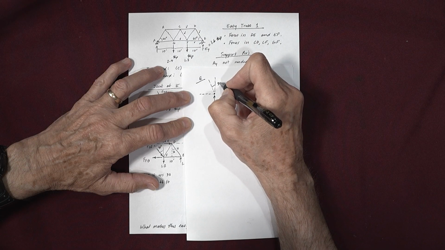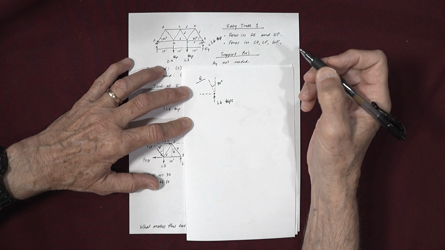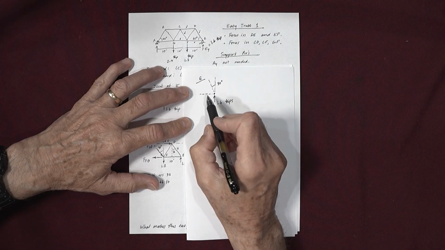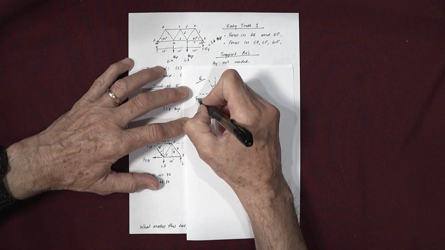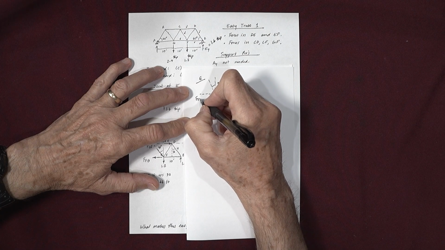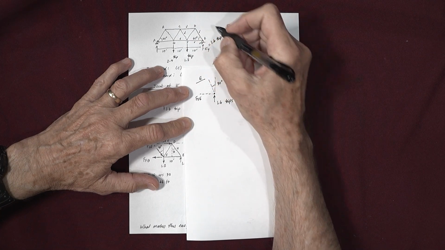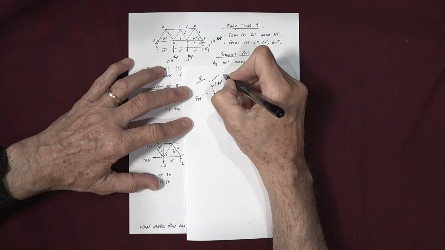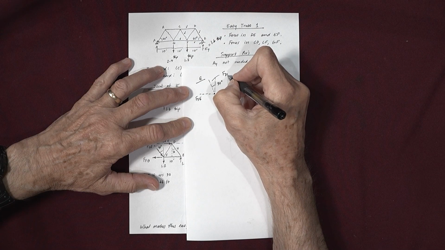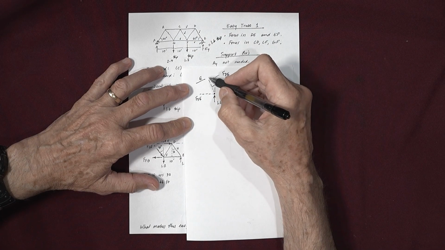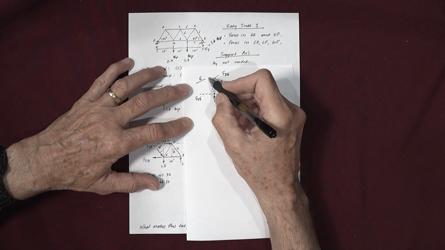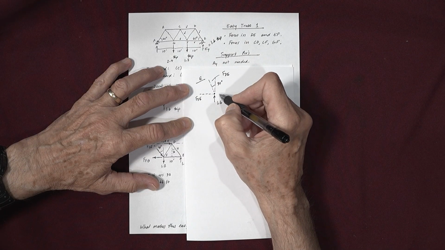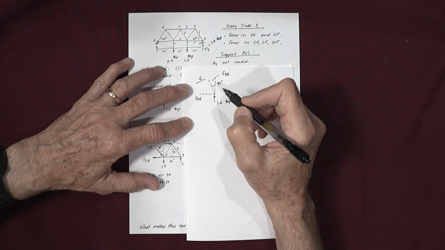This is 30 degrees. And so FFE is going to act along this line. And so I can just label that FFE. And FDE is going to act on this line, FDE. But notice I haven't drawn these as arrows yet. All I've done is drawn these as dotted lines, knowing that these forces act along these lines.